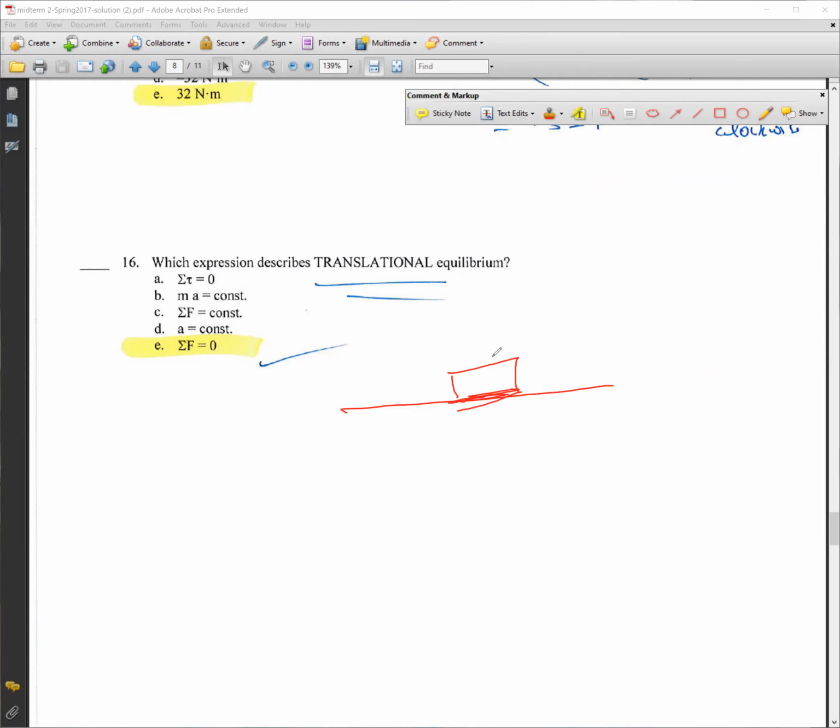The object is not allowed to rotate. So when is this object in equilibrium? Moving with either constant velocity or velocity equal to 0, only when the net force equals 0. That's translational, so there's no rotational component in this motion.